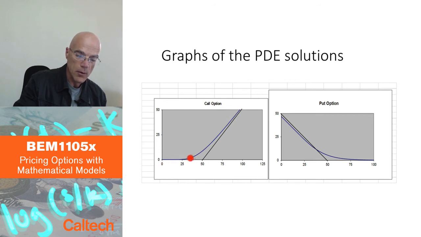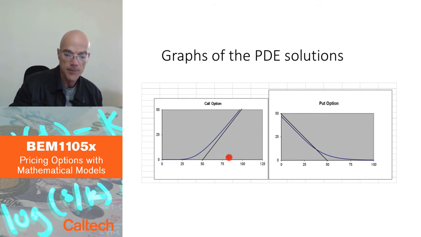As you get closer to maturity, as capital T minus small t goes to 0, this blue line would get closer and closer to the piecewise linear payoff of the call option at maturity. It's a smooth function which will get closer and closer to this non-smooth piecewise linear function.